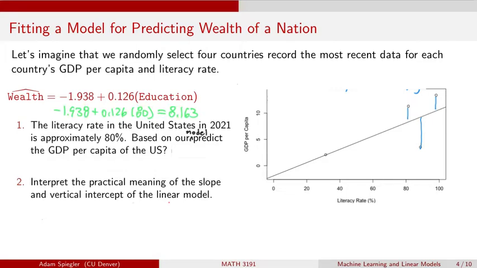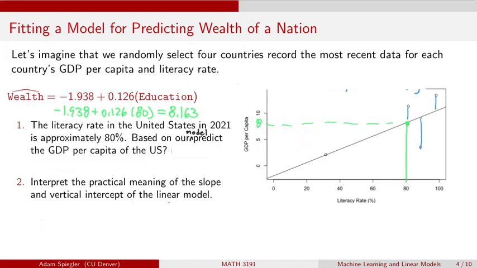And you can also find how we derived the solution to this problem in that notebook. But I take my minus 1.938 plus 0.126 times 80, that's this literacy rate, and I get 8.163. So this is telling me that if a country's literacy rate is about 80%, then the prediction for their GDP per capita is about 8.